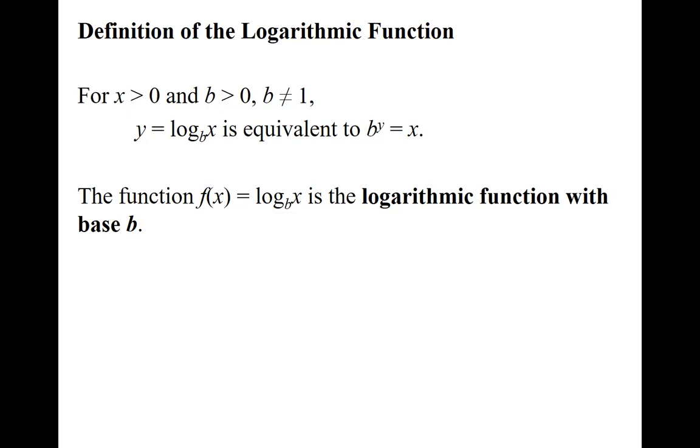So for x greater than 0 and b greater than 0, b not equal to 1, y equals log base b of x is equivalent to b to the y equals x. And I'm going to make this make so much sense. Don't worry. But right now we say that the function f of x equals log base b of x is the logarithmic function with base b.